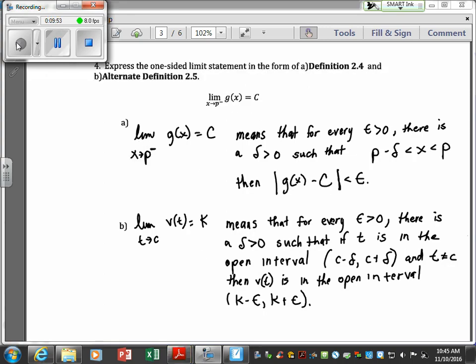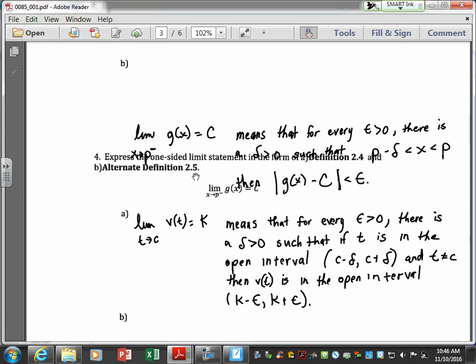Here I carried that statement down and started changing only part A so far. We changed it to a left-hand limit only. We changed our function to g of x, and our limit is now c. It means that for every epsilon greater than 0, there's a delta greater than 0, such that, I want to bring attention to this, we only consider the p minus delta part.